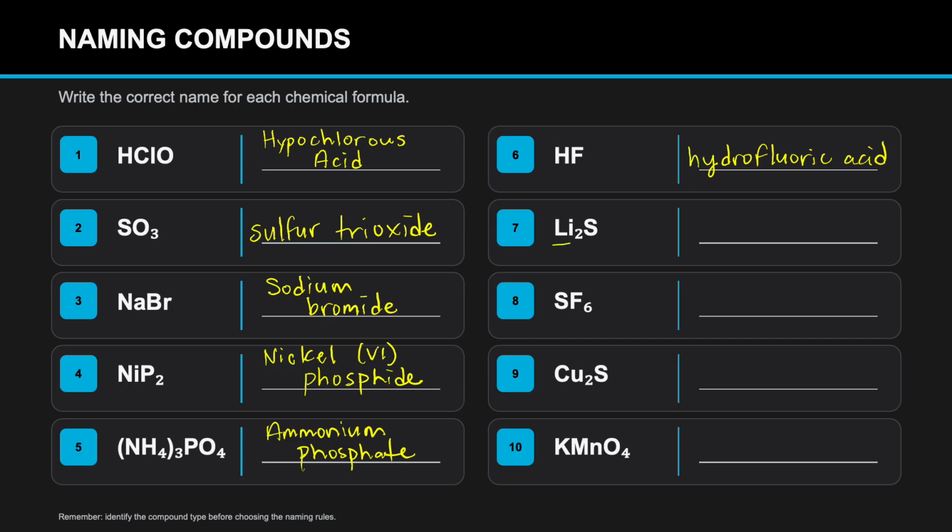Next up, we have lithium and we have sulfur. Lithium is a metal, sulfur is a nonmetal. So again, this is ionic. Lithium is not a transition metal, so we are just writing lithium and then changing the ending to ide, sulfide.